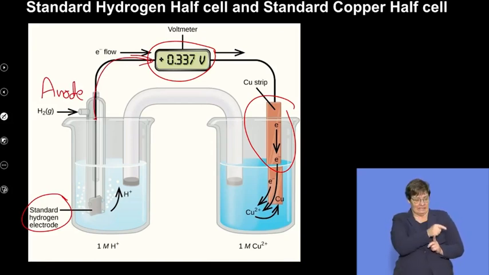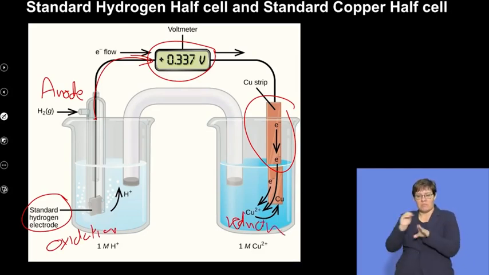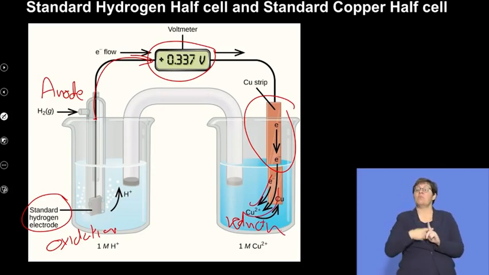So at this electrode, we're going to get oxidation taking place, whereas at this one, we've got reduction taking place. And you can see the movement of the copper ions onto the electrode, the electrons moving in this direction, and the reading is a positive reading. So that's slightly different from what we had before.